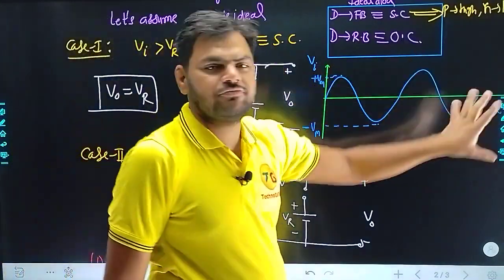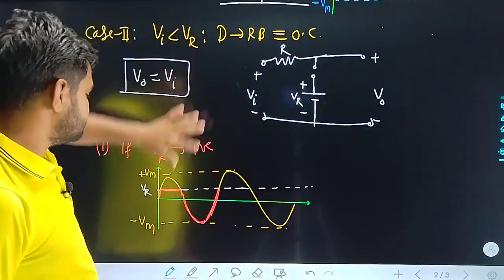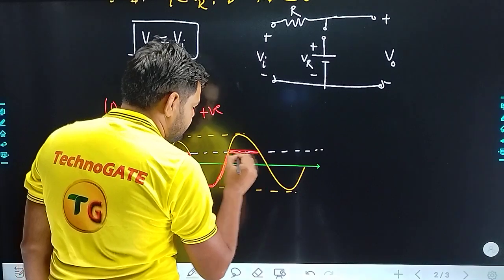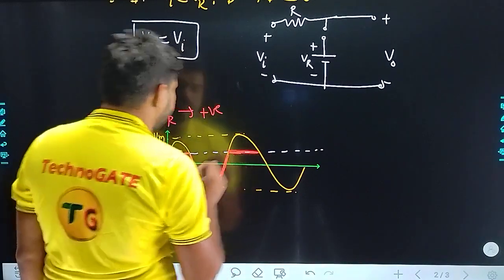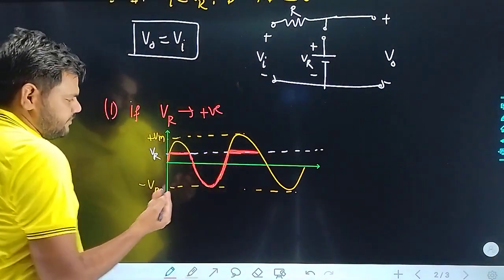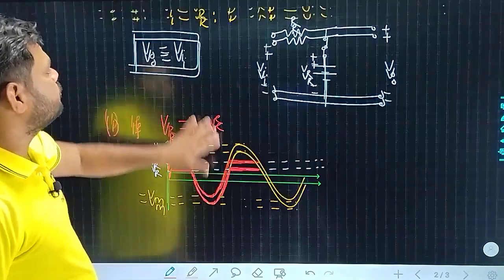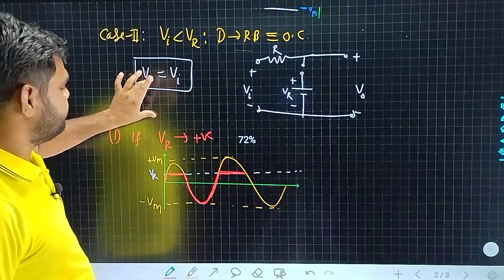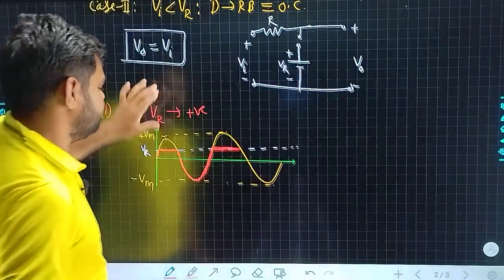This was the exact waveform of input, and with respect to this input waveform, our output waveform will come like that. For the input Vi greater than V reference, output V naught is equal to V reference. For the input Vi less than V reference, output V naught is equal to Vi.